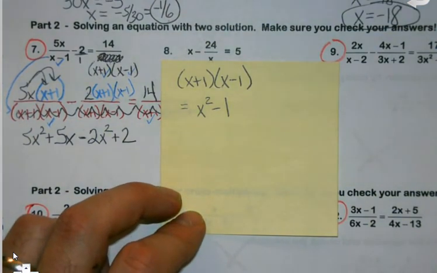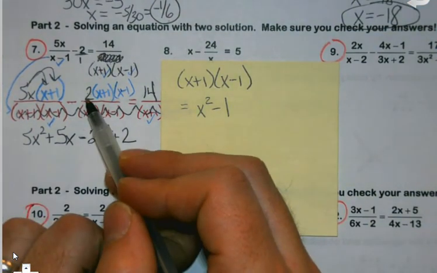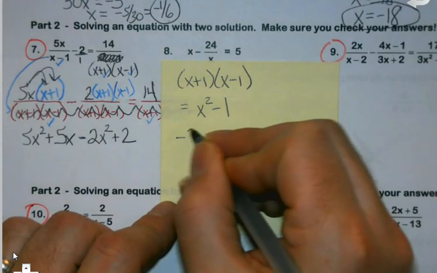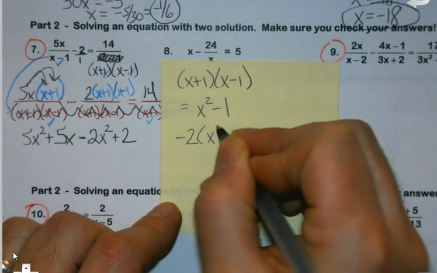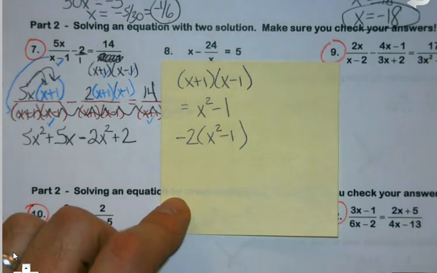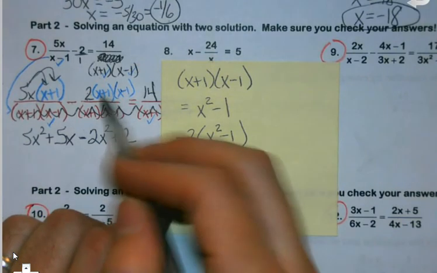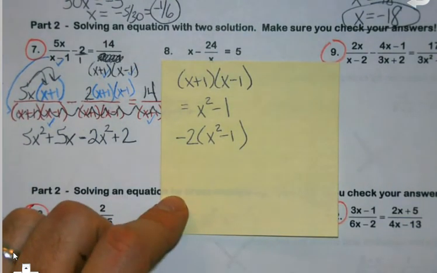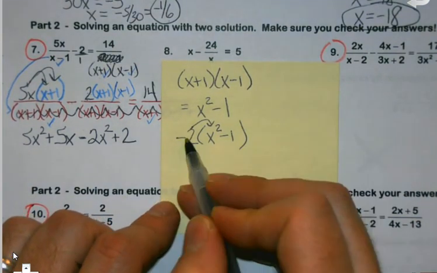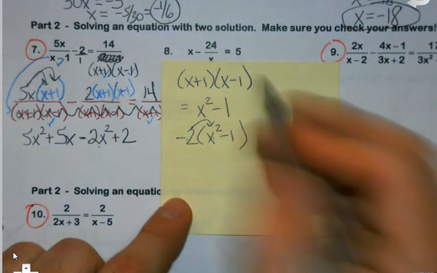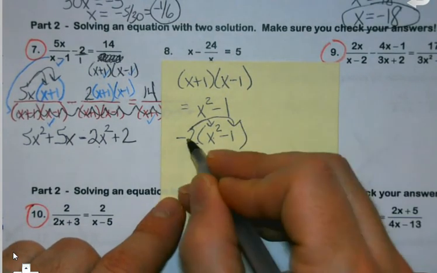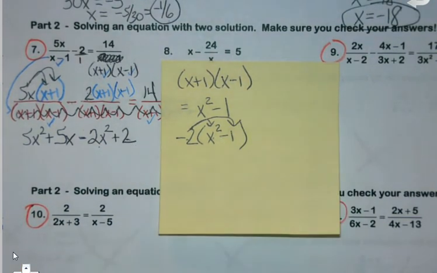But right now, I need to multiply negative 2 times this stuff. So if I take negative 2 and multiply it by the x squared minus 1, because if I FOIL this out, that's what I'm going to get back to. I end up with negative 2x, and negative 2 times negative 1 is 2. That's where this is coming from.